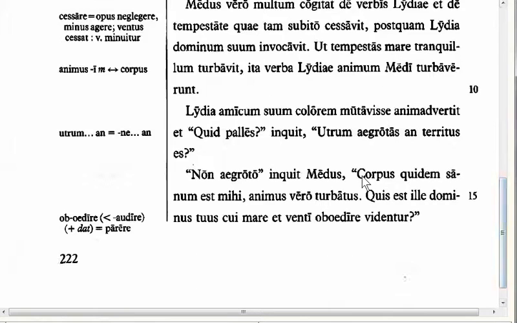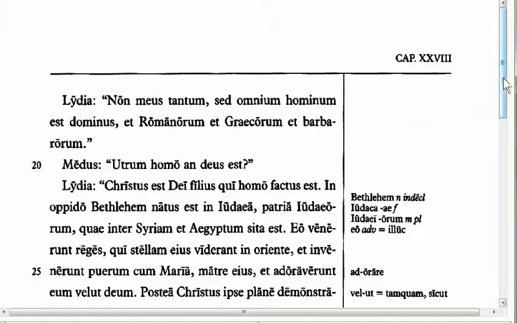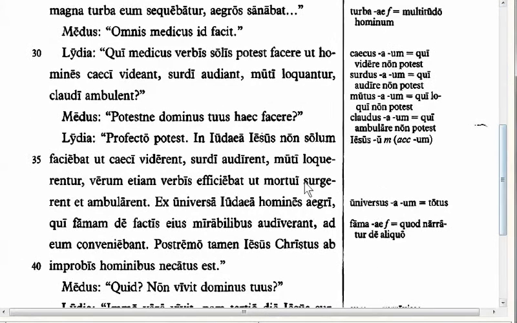Let's go to line 35. And here we have "in Judaea, Jesus non solum faciebat ut caeci viderent, surdi audirent, muti loquerentur, verum etiam verbis efficiebat ut mortui surgerent et ambularent."